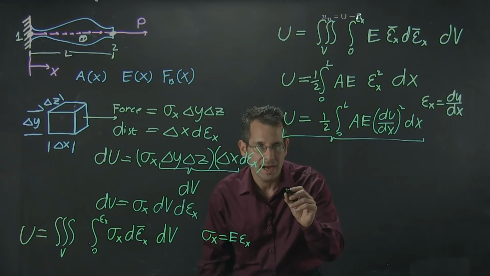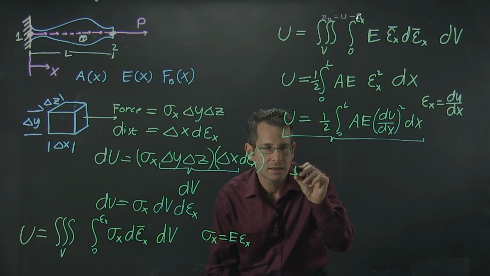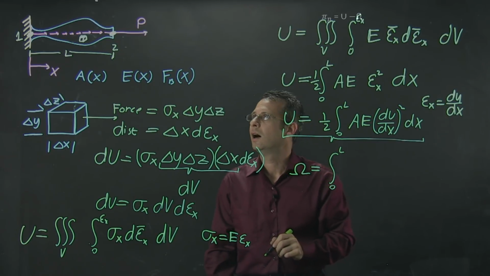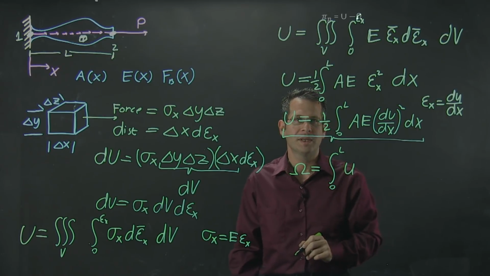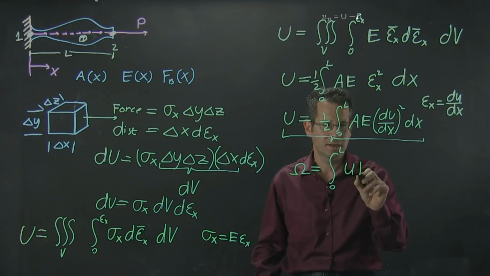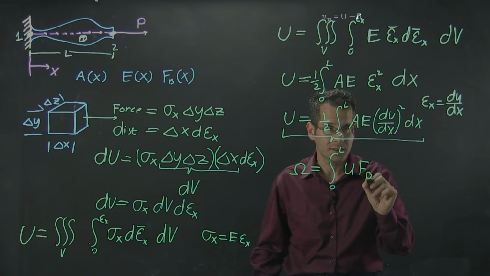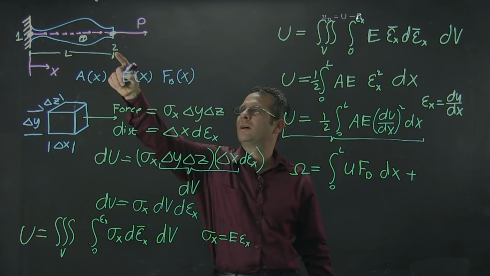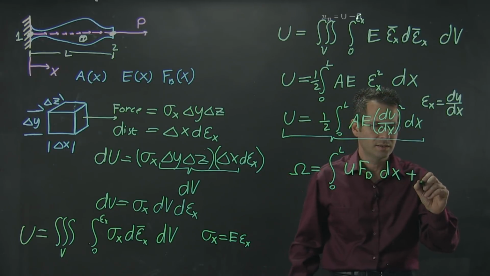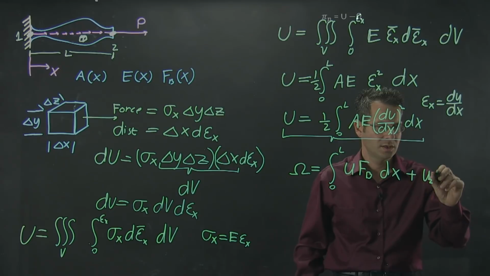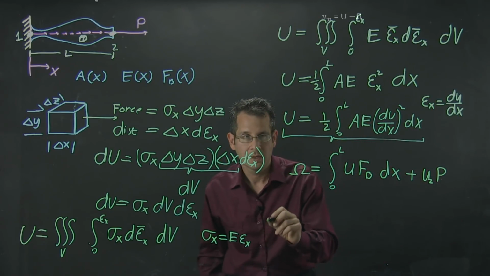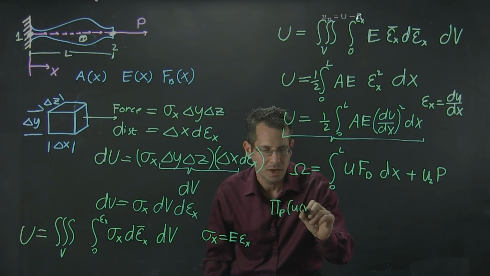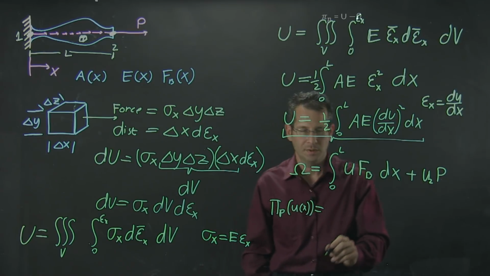So I'll just go ahead and do that, and I will find that this is equal to the integral from 0 to L of my displacement times this distributed body force, F_B(x) dx, plus the displacement of u2 times the force P. So u2 P.